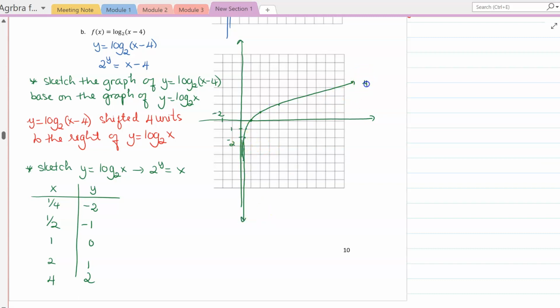So this is the graph of y equal log base 2 of x. So now if I use the transformation, I move everything 4 units to the right, I'll get the graph of y equal log base 2 of x minus 4. I move 4 units to the right.